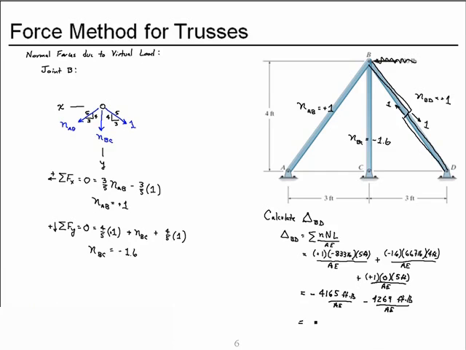Put those together, we get a negative 8430 foot-pounds over AE. And remember, we drew our virtual force pulling on the ends so that a positive delta would mean overlap. Okay, so negative means there's a gap, which is what we expected. Good.